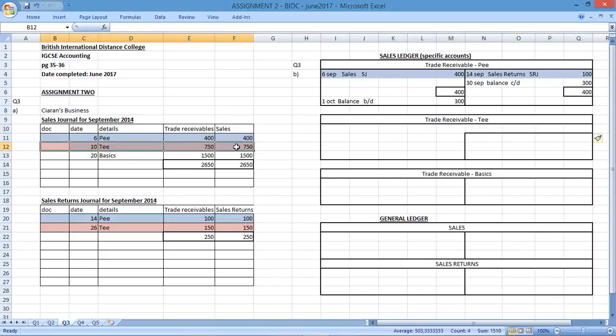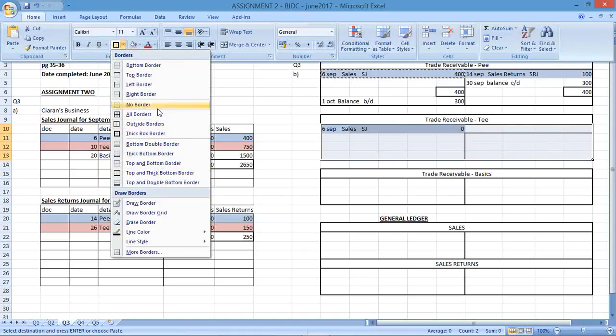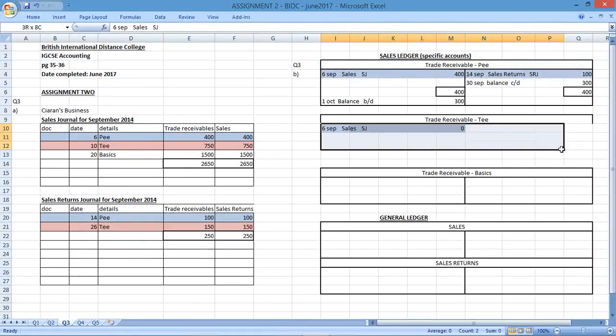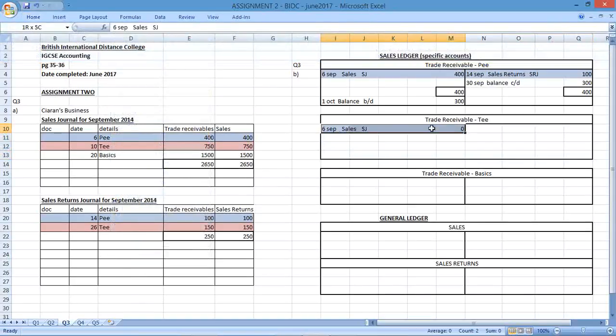So if I'm looking at the sale, I'm buying. So how much did they buy? They bought $750, and they returned $150. So the sale here would be referencing that. A sale will increase the receivable for that particular debtor.